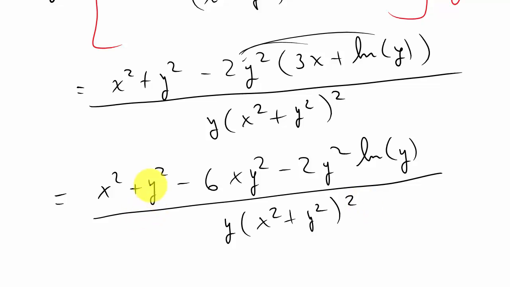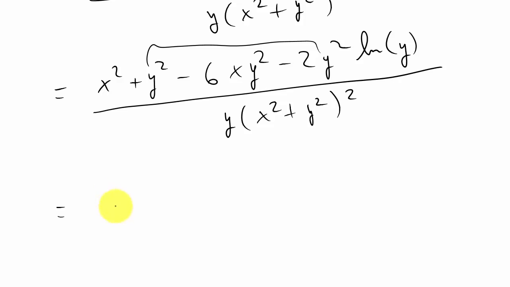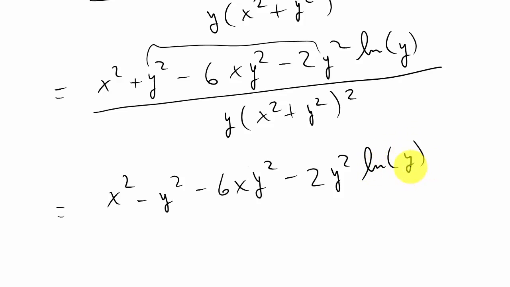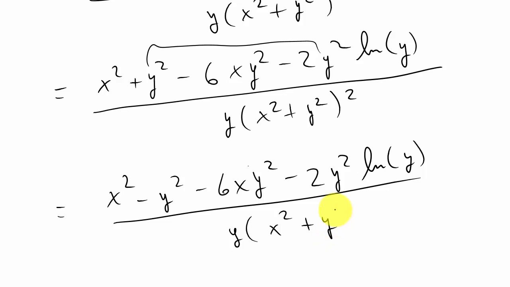And then we could combine these terms. You know how to do that already. Minus y squared minus 6xy squared minus 2y squared natural log y over y times x squared plus y squared, squared.